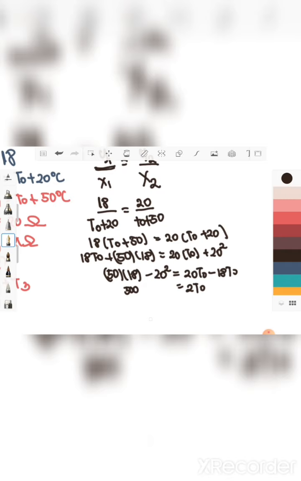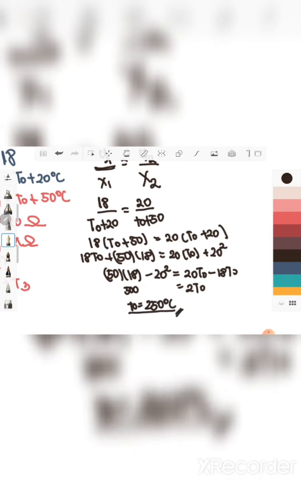So we have our TO, which is equal to 2 TO, which is equal to 250 degrees Celsius. That is our TO. Okay, tama ba?